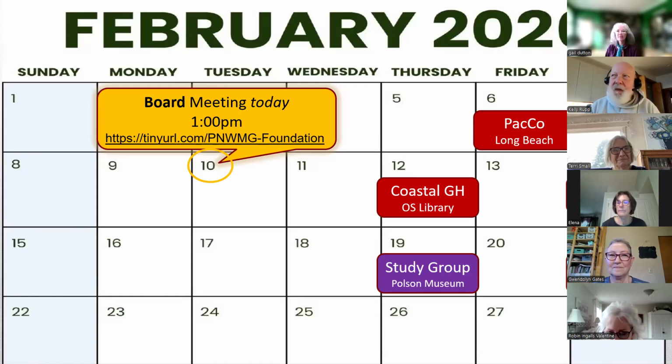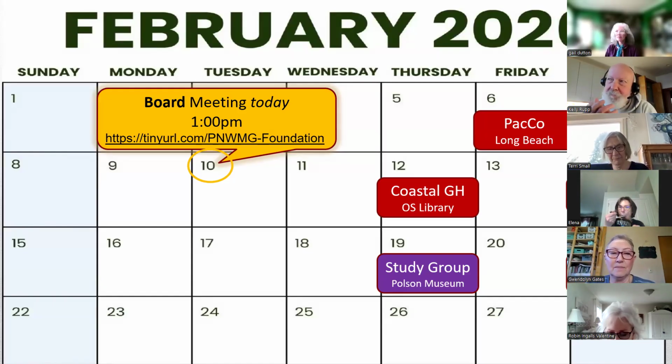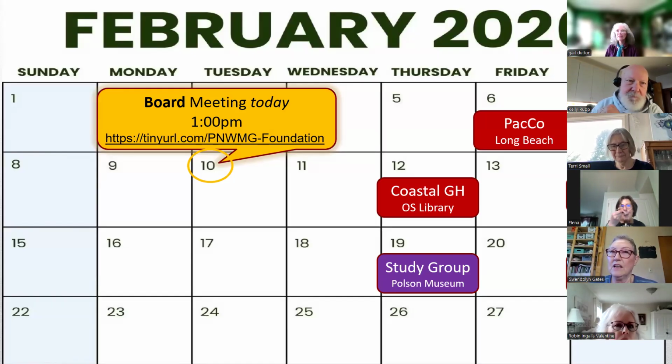Very good. And then, of course, next week, Gwen, I guess you're leading a group over at the Polson Museum. Yes, we're going to be talking about the Polson Garden and how it was started and everything. And then talking about the different roses that we have, the different types, some of the pest and disease challenges and how we are approaching those.